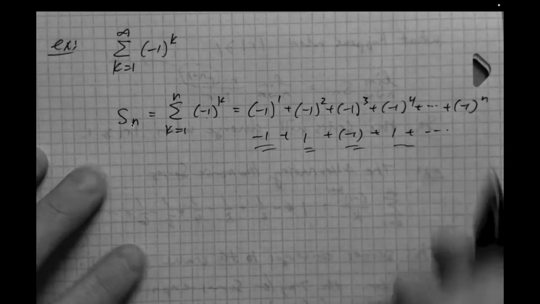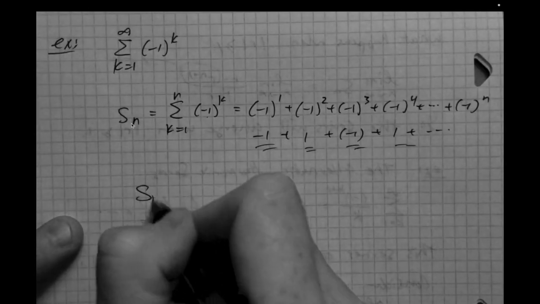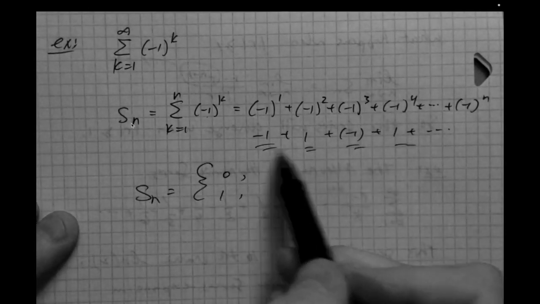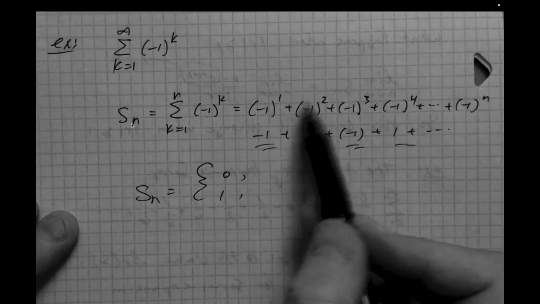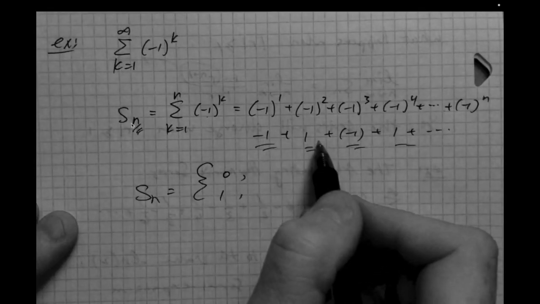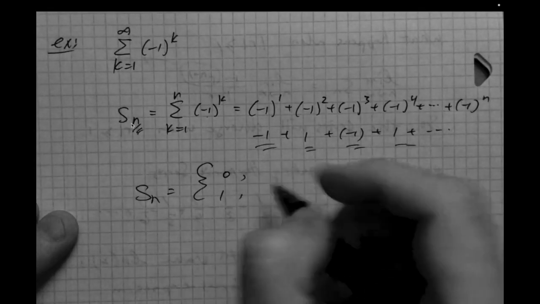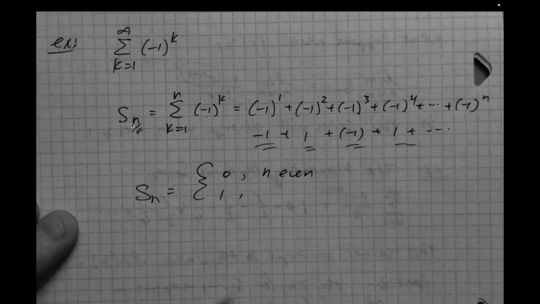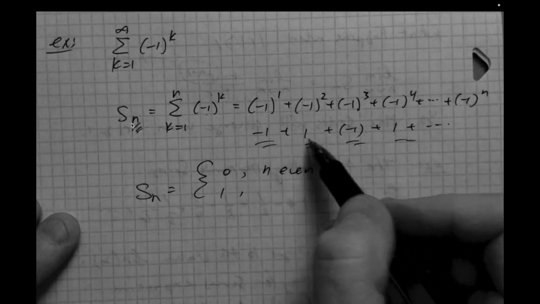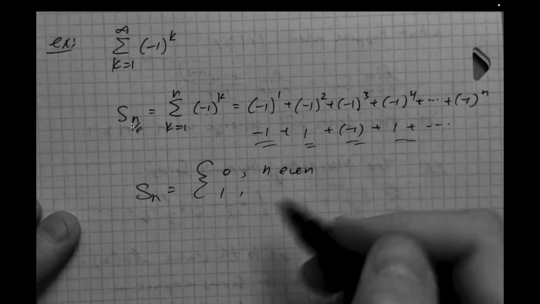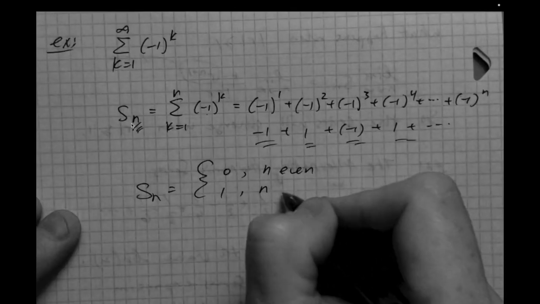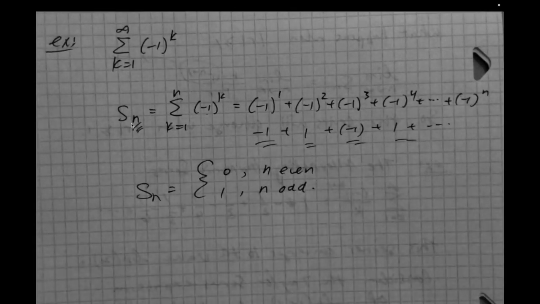So you can see it's undoing itself, right? And so basically S of n is equal to either 0 or 1. It depends on whether n is odd or even. If n is even, then the sum is 0. If n is odd, then you get negative 1 plus 1 minus 1, which is just negative 1.